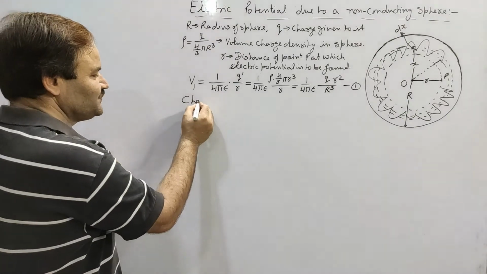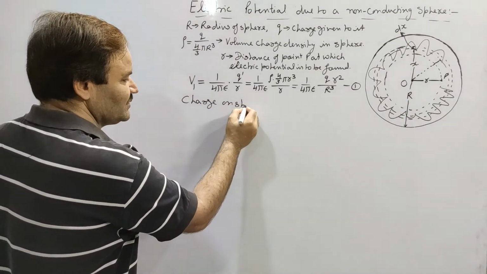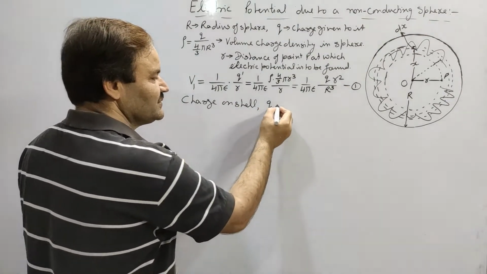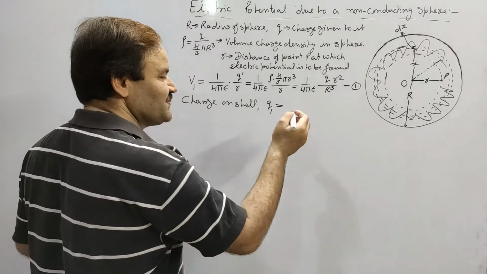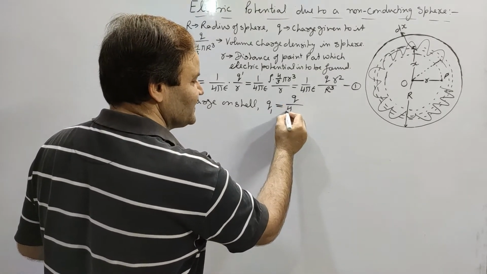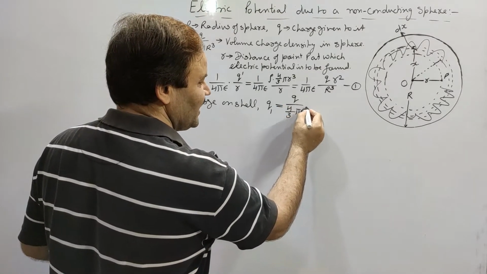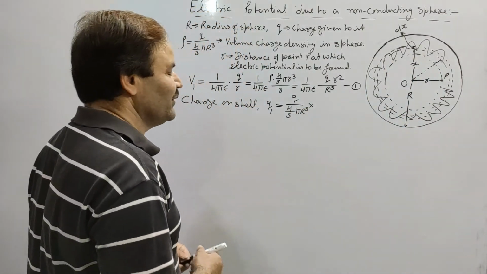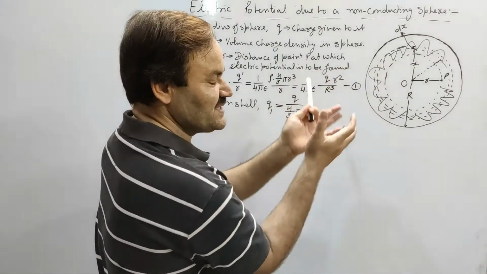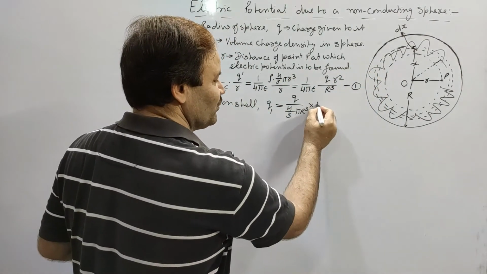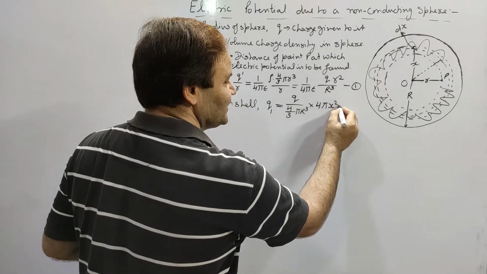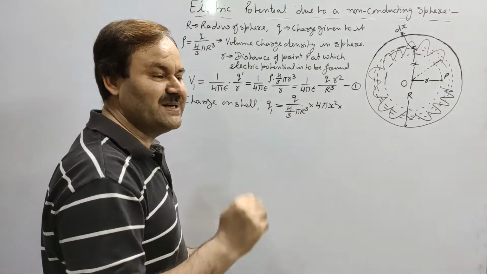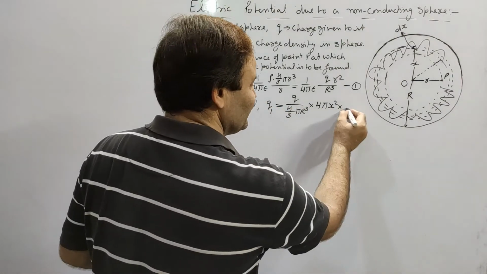Charge on this shell, say is Q1, then this charge will be charge per unit volume, that is Q upon 4 by 3 pi R cube, multiplied by the volume of the shell, and the volume of the shell will be the surface area of the shell, that is 4 pi x square, multiplied by the thickness of the shell, because surface area multiplied by thickness will give us the volume of the shell.